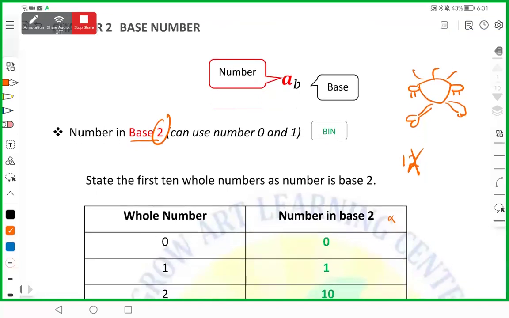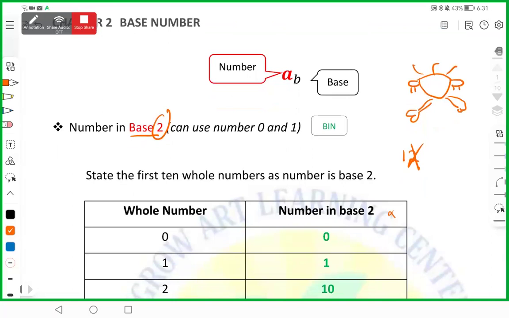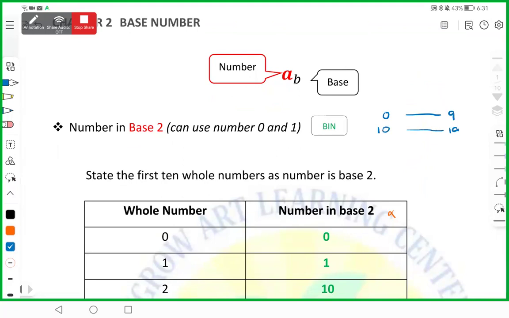It becomes 1, 0. Just like our 10 digits: after 9, we add a digit in front, so it becomes 10. Then we proceed to 19, add another digit, 20, like this.